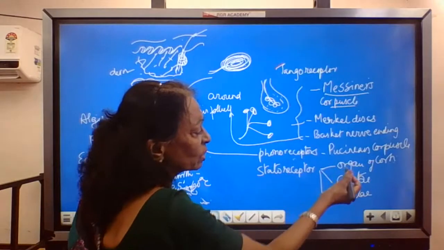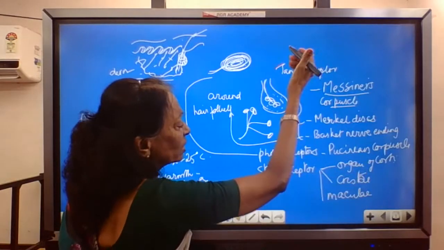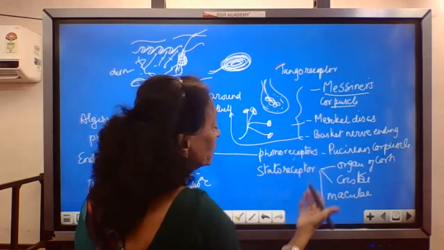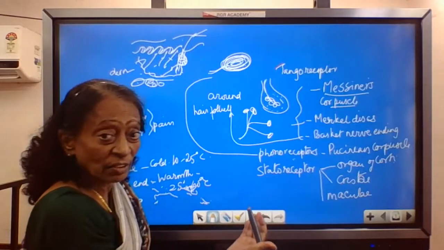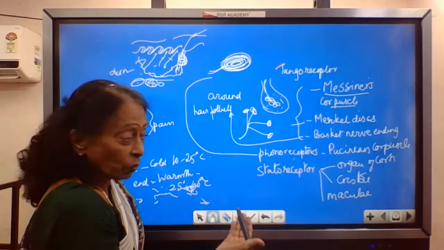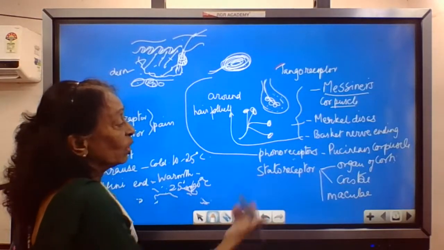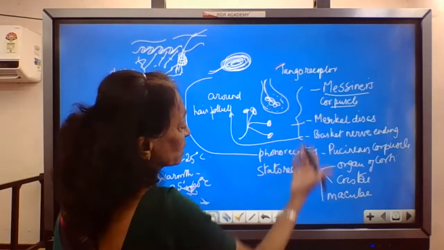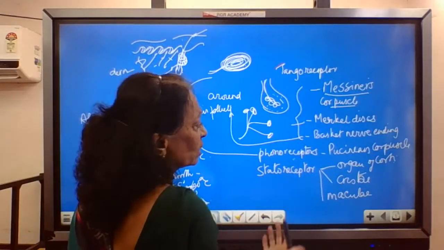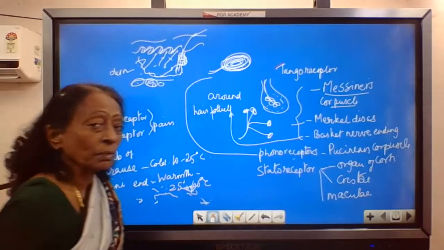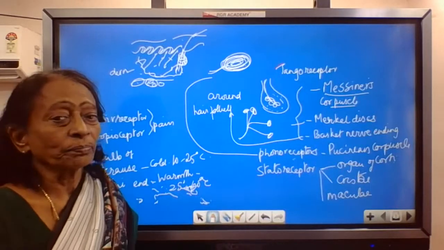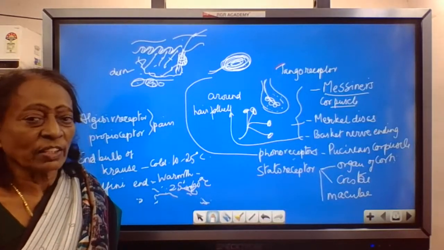Stator receptors are the ones which are related to this. Why did I say the stator receptors are not connected to the skin? Why do we call that a stator receptor? All these receptors, whether tango receptor, phonoreceptor or stator, are called mechanical receptors, because the stimulus is mechanical, mechanically affecting you.